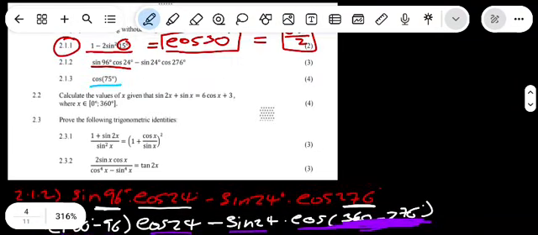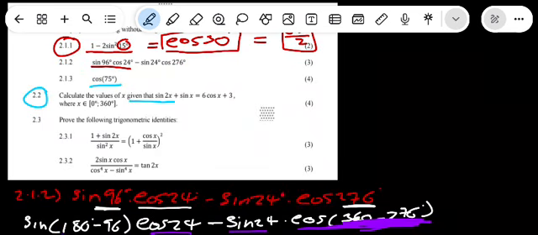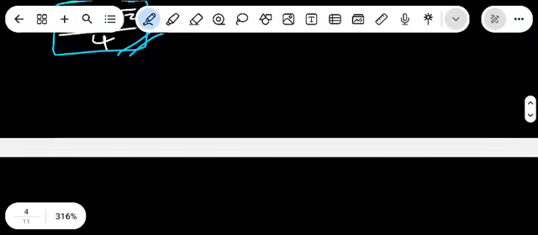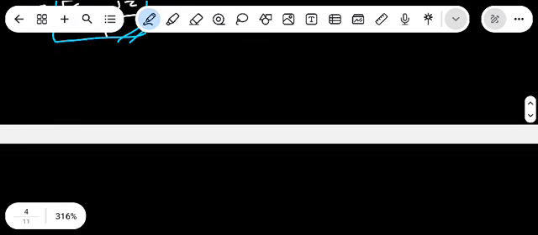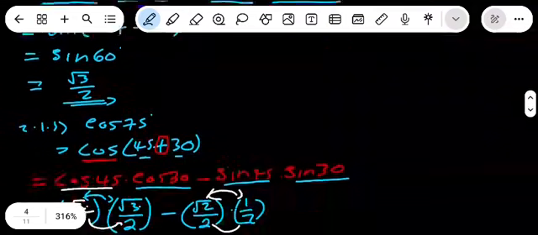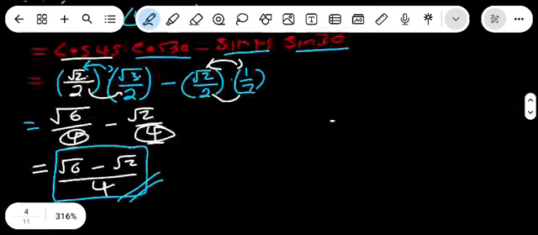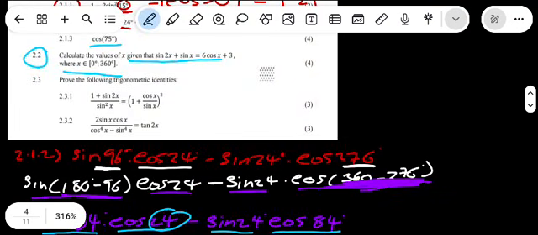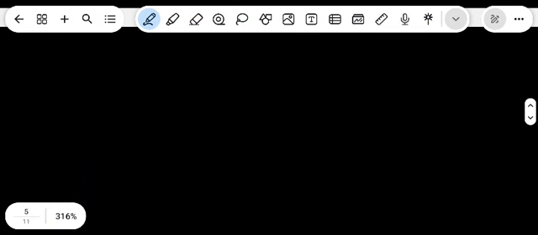So we have now 2.2, which says calculate the value of x given that sine 2x plus sine x is equal to 6 cos x plus 3, where x is an element from 0 degrees to 360. That is what we call a general solution.